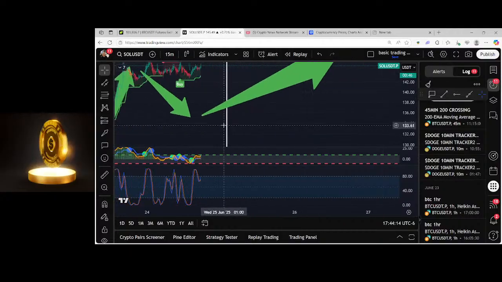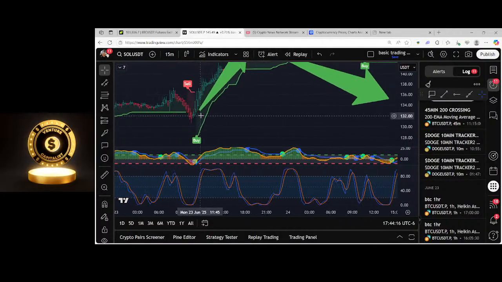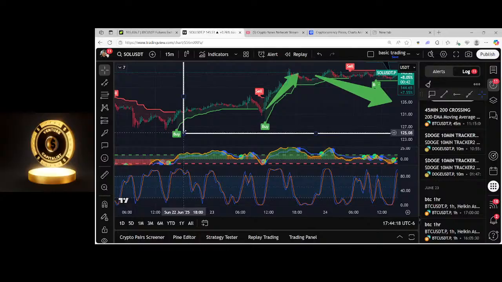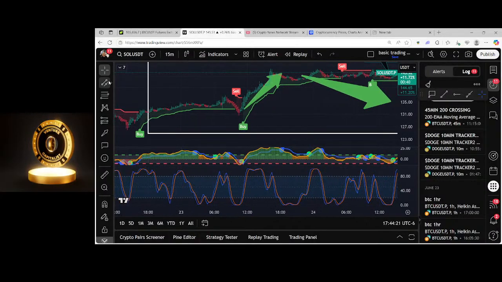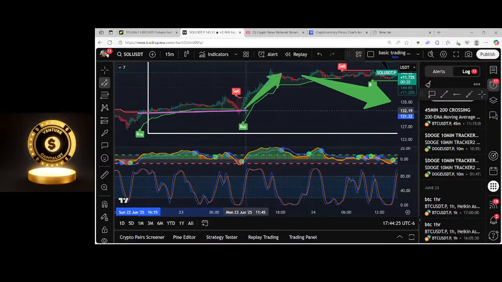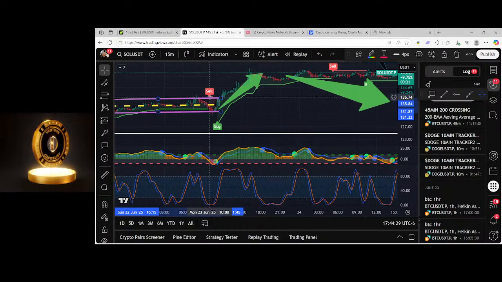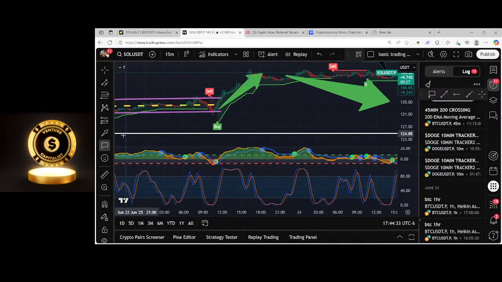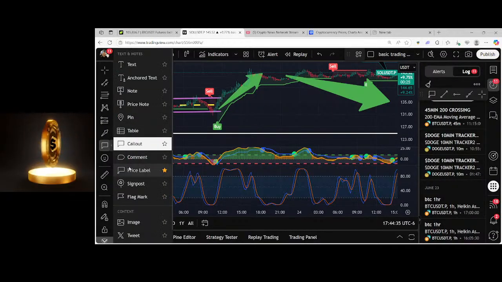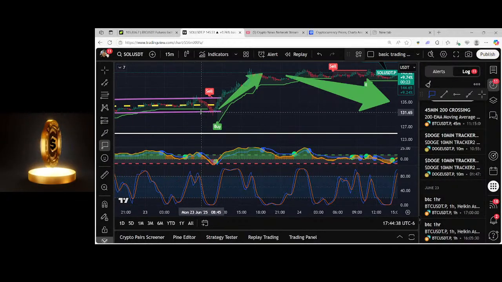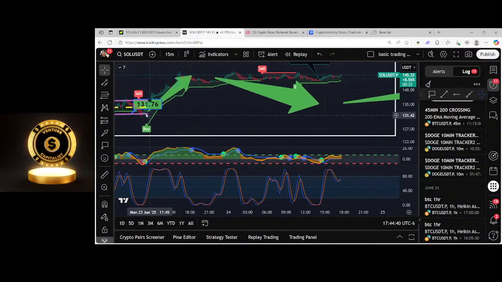The channel would have been set up pretty simply here. You get a buy signal right here. You go to your channel. There's your buy, the bottom of that channel, and then you see where it goes to the top, which is here. Then you get a sell signal, and you put your buy at the bottom of that channel, which would have been right here at $131 for Solana, the bottom of this purple.